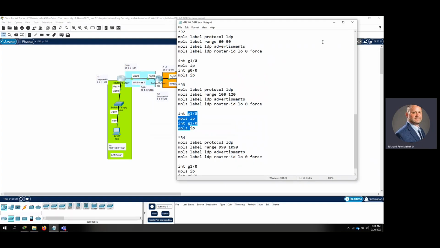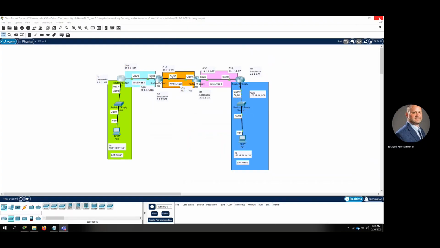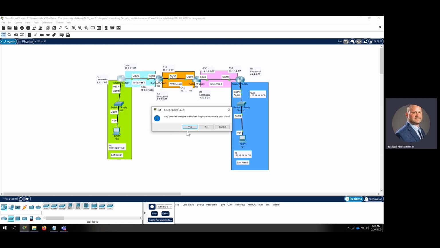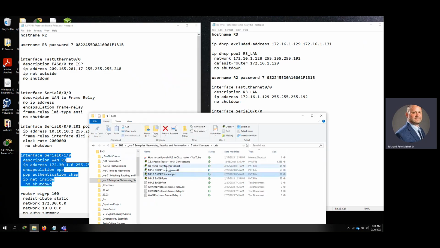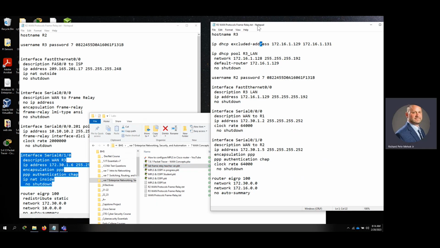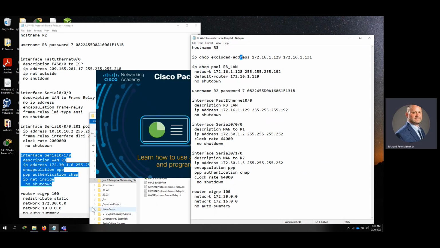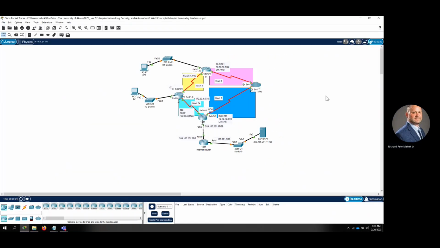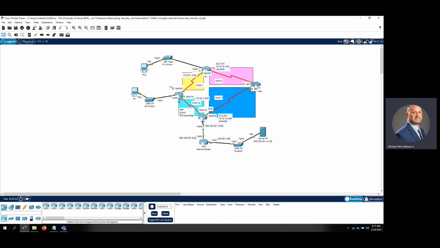Our second example here is, let's get it open, going to be Frame Relay. I have all the configs over here, but I want to focus on just two routers. The first thing we're going to look at is this device up here. It's a Frame Relay cloud.